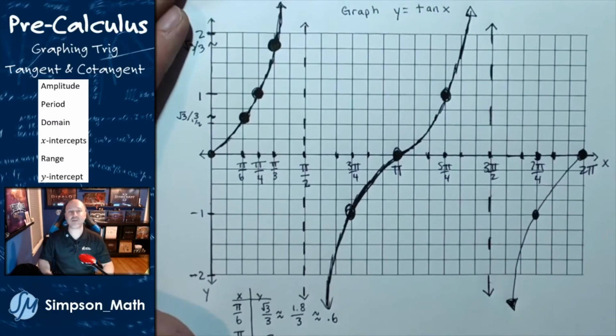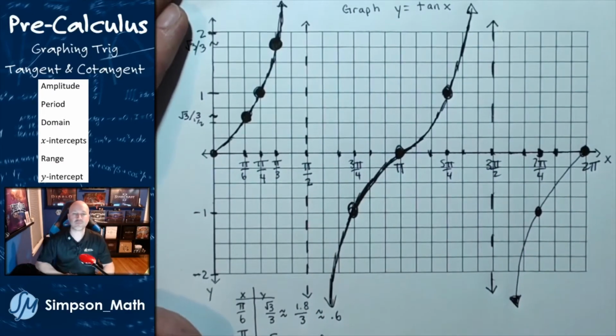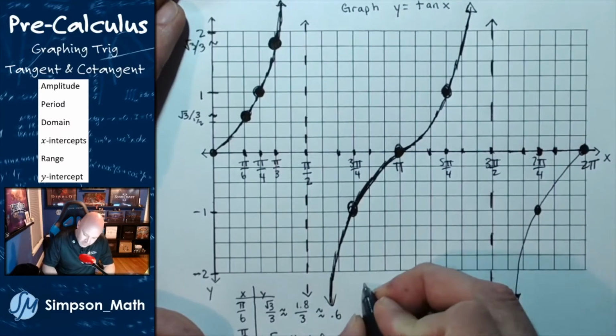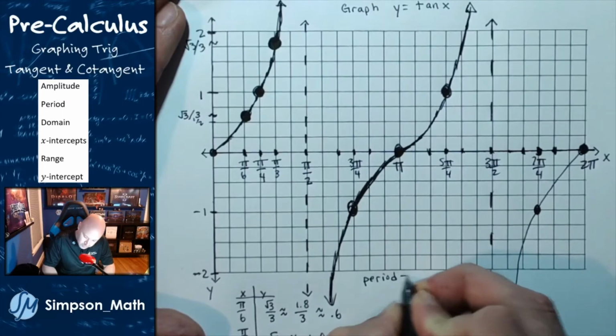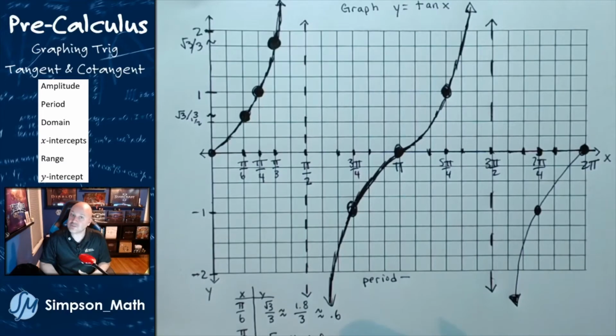So in black, I have graphed tangent over the interval 0 to 2 pi. What then is my period? What's that horizontal distance that it takes me to begin to repeat myself?